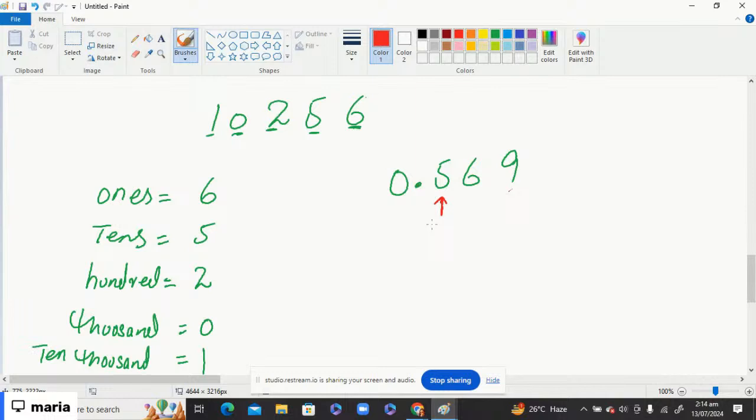And we also start from the tens, not from the ones. This is the tens place, that is the hundreds place, and that is the thousand place. Understand? Tens place, 100 place, and 1000 place. Got it? Understand or not? Now let's check.